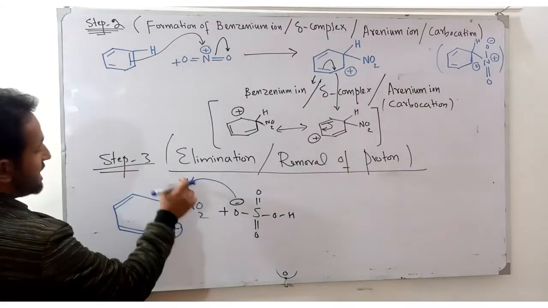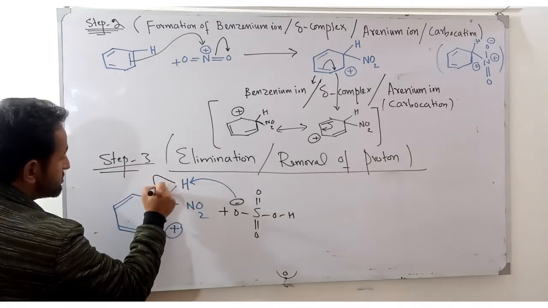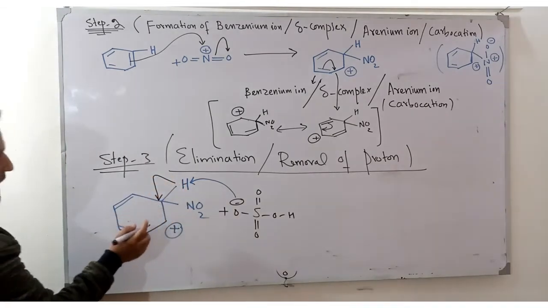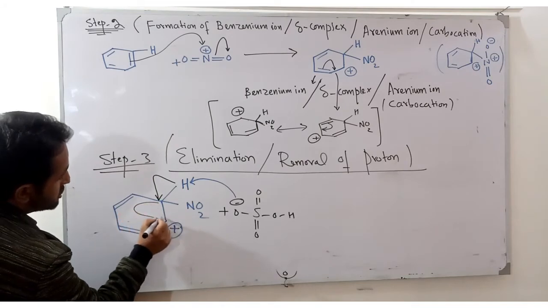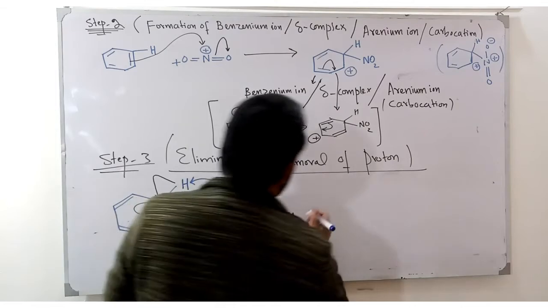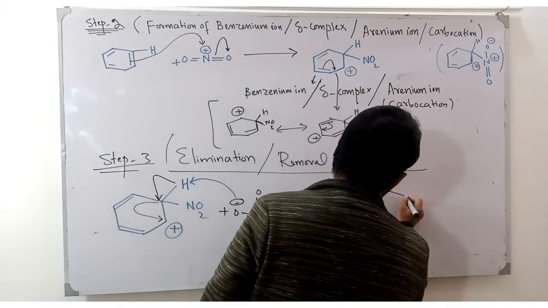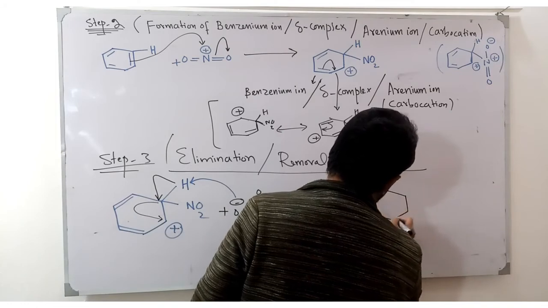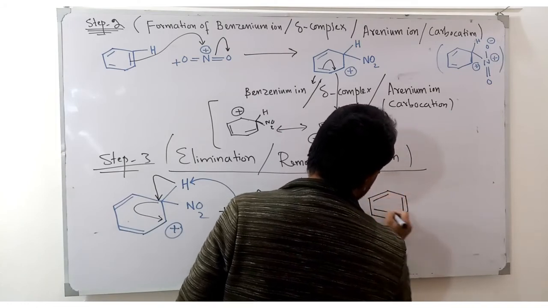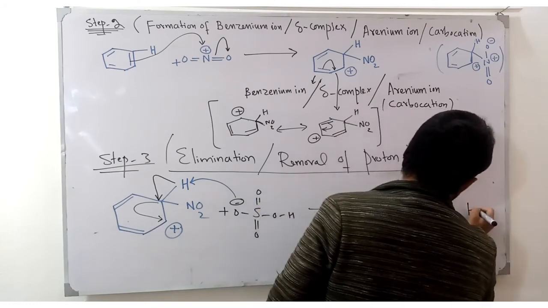So this will attack this hydrogen atom, and the electrons of the proton bond will shift to this carbon, and this carbon will in turn shift them towards this positively charged carbon. So what will happen? Our final product will form, which is nitrobenzene. How will it form? Again there will be a double bond, here will be NO2, and H2SO4.